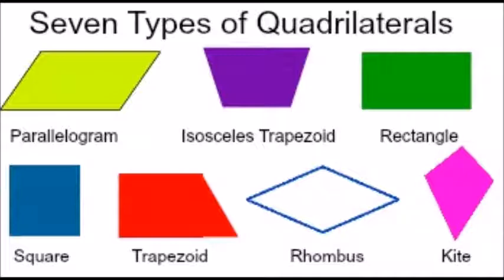We also talked about parallelograms, rhombuses, trapezoids, scalene trapezoids, isosceles trapezoids, and also a shape called a kite, which I thought was interesting.